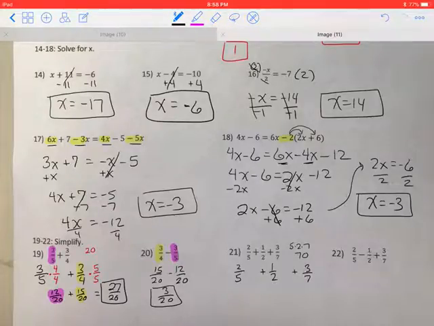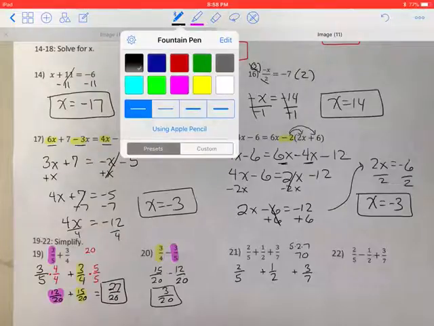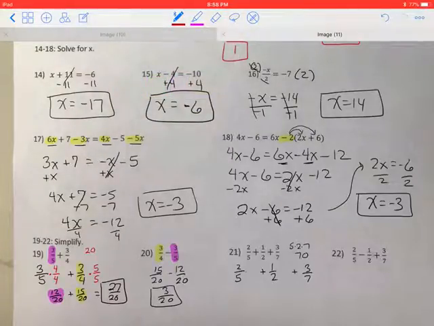Okay, so for 5, I need to multiply by 2 times 7, which is 14. So 14 over 14. For 2, I need to multiply by 5 and 7, so the other number, so that would be 35. And for the 7, I need to multiply by the 2 and the 5, which would be 10. So I multiply the top and bottom by 10.